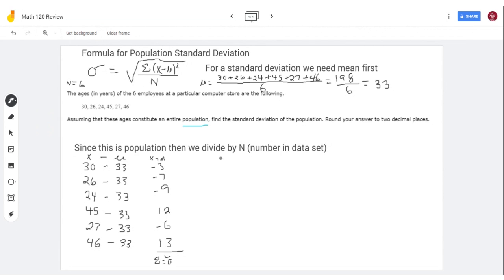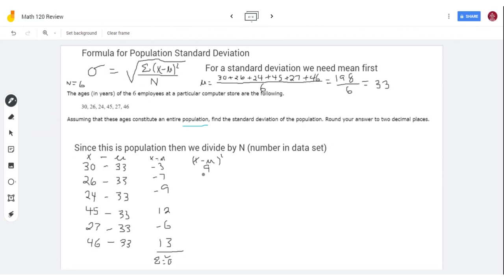Now we're going to do the x minus mu squared. And that's the last of the hard stuff. We're just going to square each one of these numbers. A squared number is always going to be positive, no matter whether it's negative or positive. So negative 3 squared is 9.